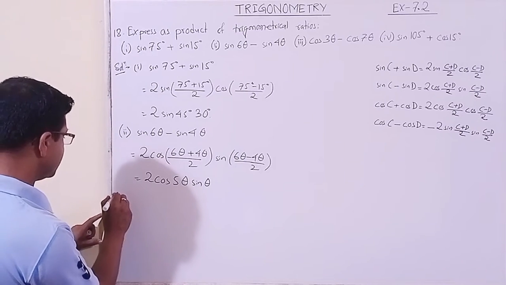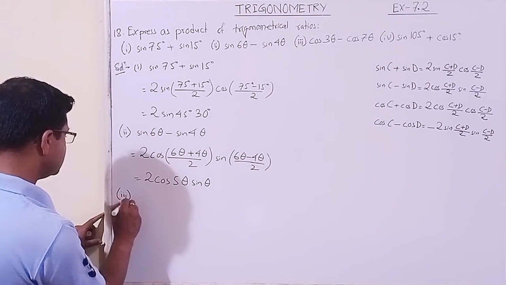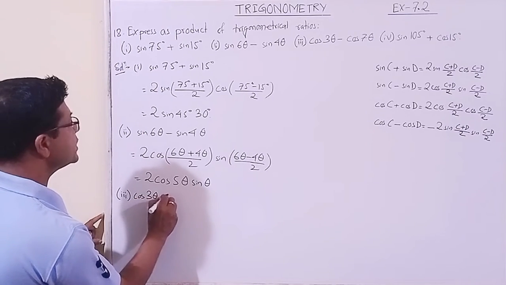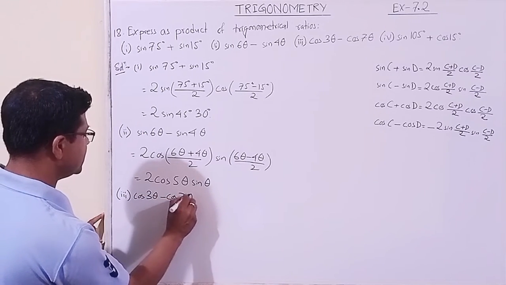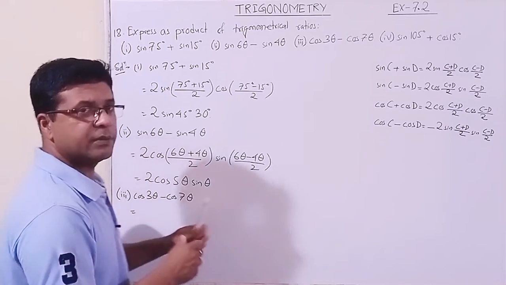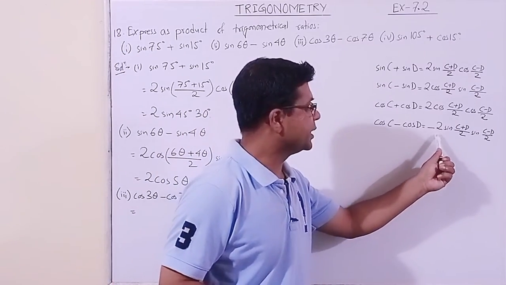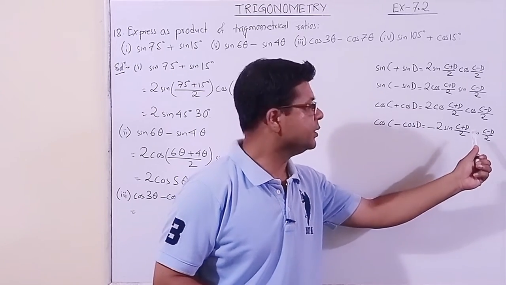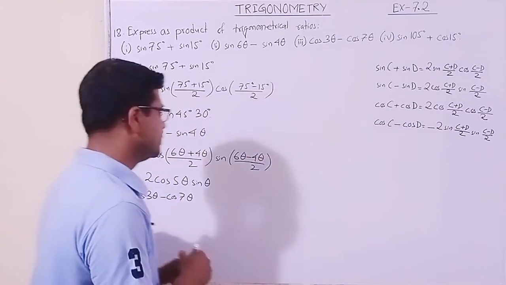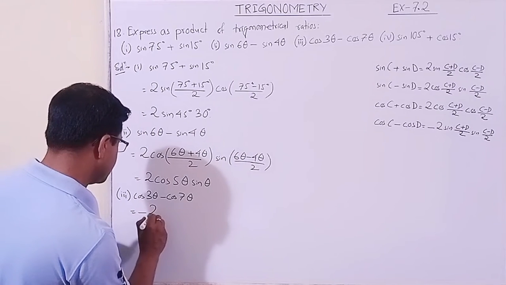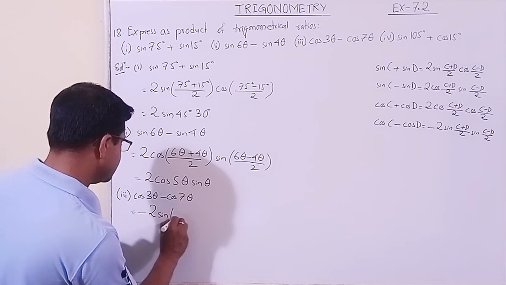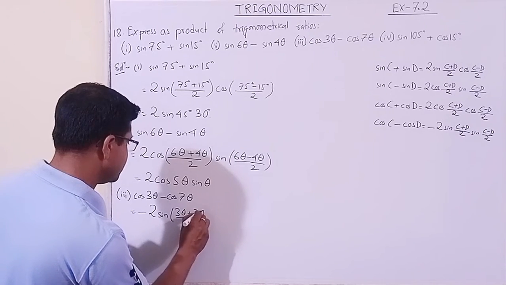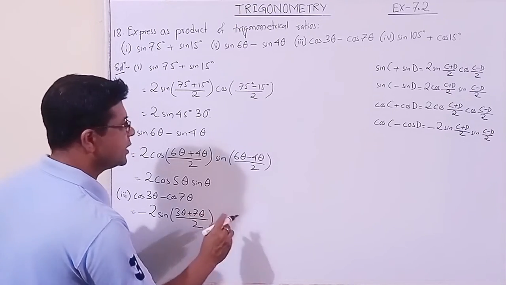Now let us do the third one. Cos 3 theta minus cos 7 theta. Again, this is of the last form: cos C minus cos D is minus twice sin of (C plus D) by 2 into sin of (C minus D) by 2. So let us write minus twice sin of (3 theta plus 7 theta) by 2. This addition is done.